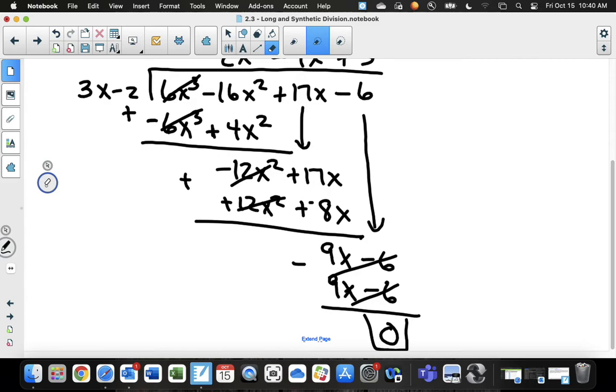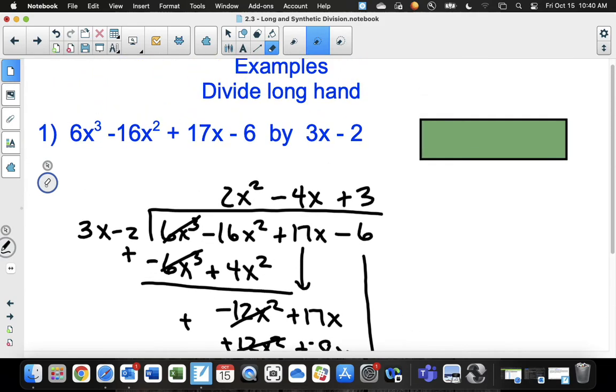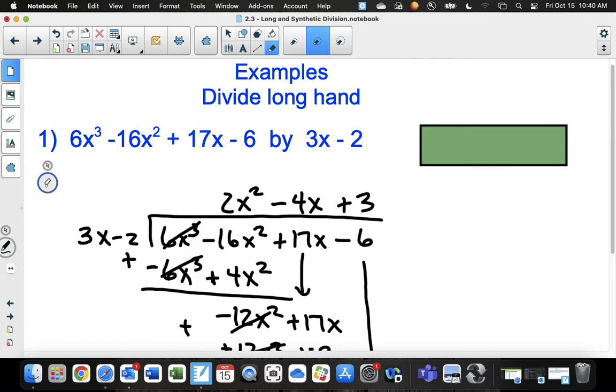Yep. So here's the last thing I want you to understand, because this is where we're headed. We started with this cubic function. And we said, I can't factor by grouping. We did just factor it. Here are your factors. Factor number 1 is 3x minus 2. Factor number 2 is your answer.